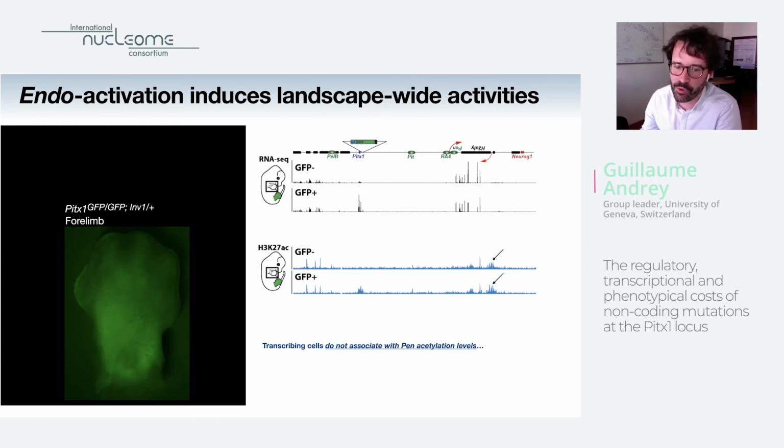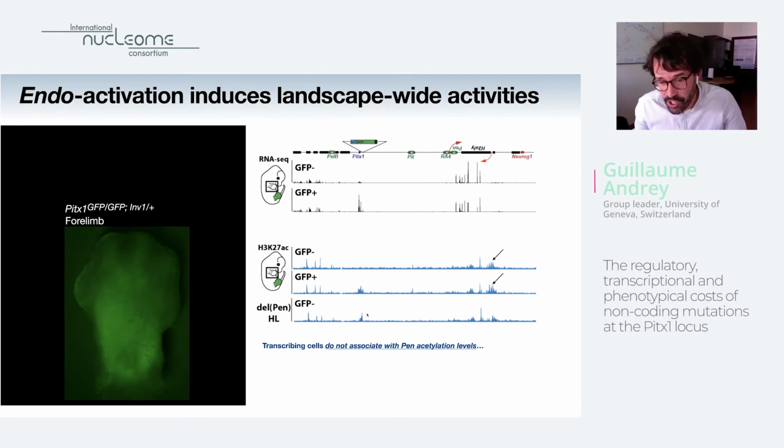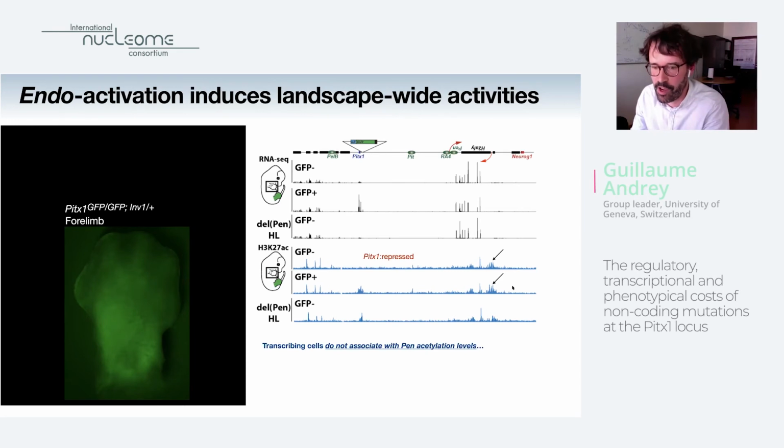But I just remind you what we saw before, that the GFP negative cells, when you remove the enhancer, also have acetylation over the promoter, but these cells do not have transcription. So in summary, here we have a repressed Pitx1, which has no acetylation, an active Pitx1 transcriptionally that has acetylation, and then repressed Pitx1 that has acetylation.